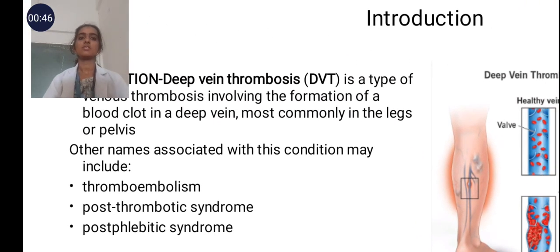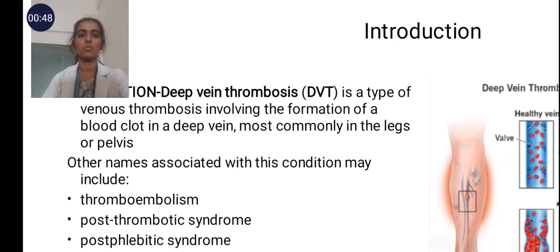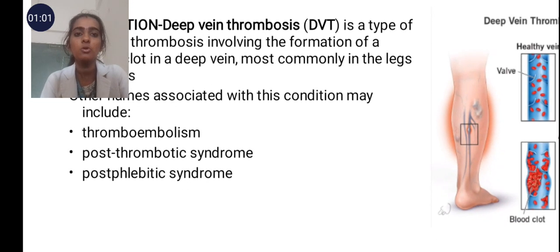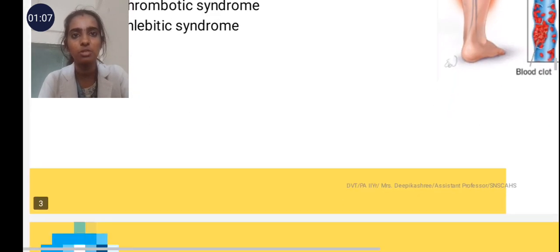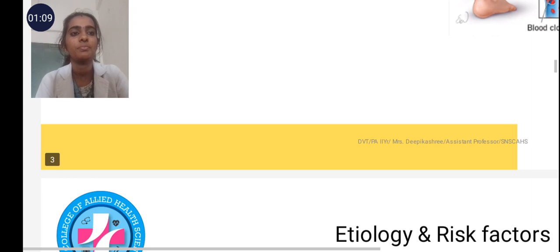Deep vein thrombosis is the type of venous thrombosis involving the formation of a blood clot in a deep vein, most commonly in the legs or pelvis. The other names associated with the condition are thromboembolism, post-thrombotic syndrome, and post-phlebitic syndrome. These are all common names for deep vein thrombosis.